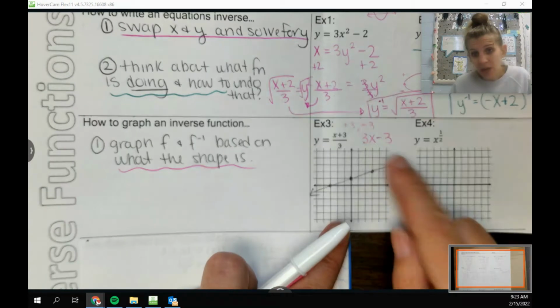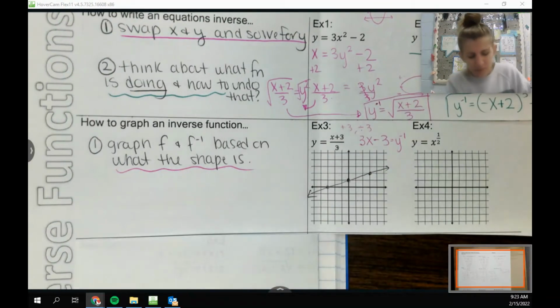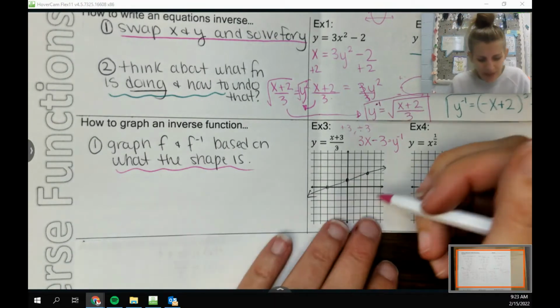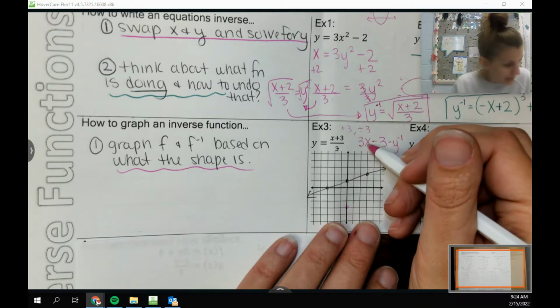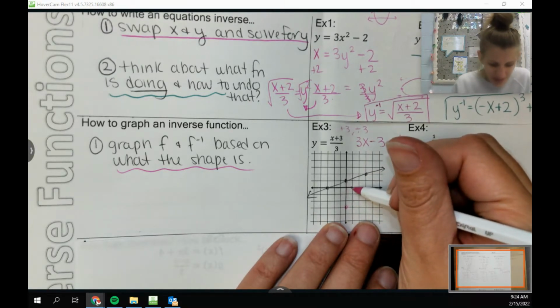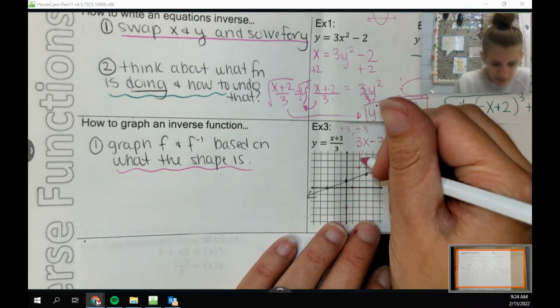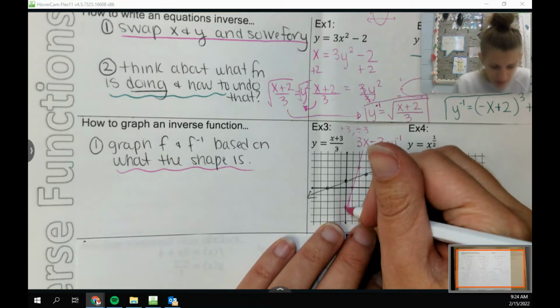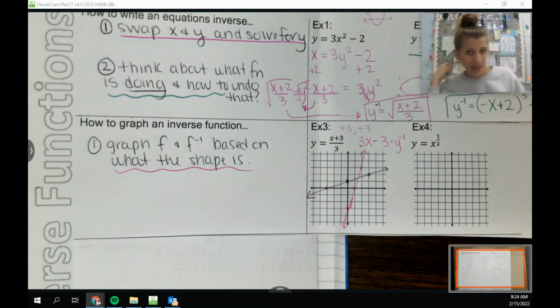The other one is also a linear equation, so this is my inverse function with a y-intercept of -3 and a slope of +3. So we go up 1, 2, 3 over 1, 1, 2, 3 over 1. So again, very straightforward. We follow the steps of both and we just graph them both.